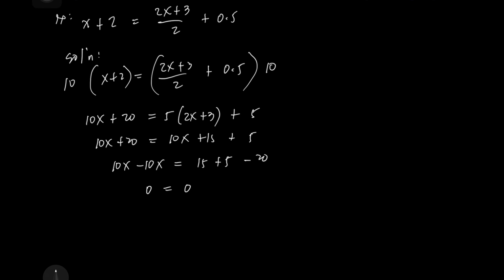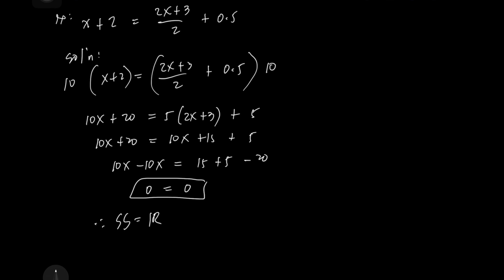So meaning any real number that you can think of, if you substitute that to our x, the left side will always be the same as the right side. In this case, again, any real number. So meaning every real number you can think of is a solution. So therefore, the solution for this is all real numbers.